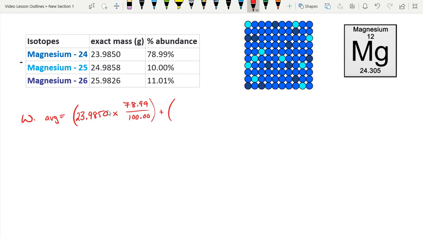I'm going to add that to my next value, which was 24.9858. We're going to multiply that by its weight. And then I'm going to do the same thing for the last one.